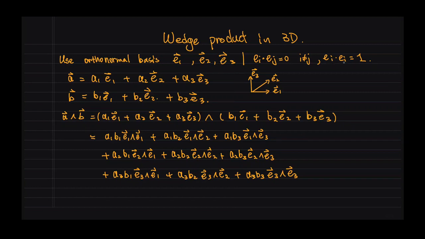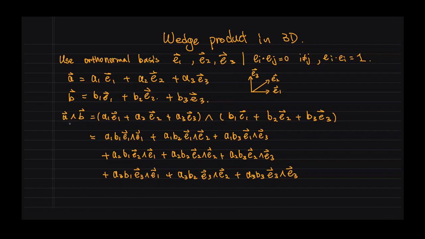A dot product with itself is equal to 1, we choose the length to be 1. So we start with two vectors A and B, and express them in an orthogonal basis like A1 E1 plus A2 E2 plus A3 E3.